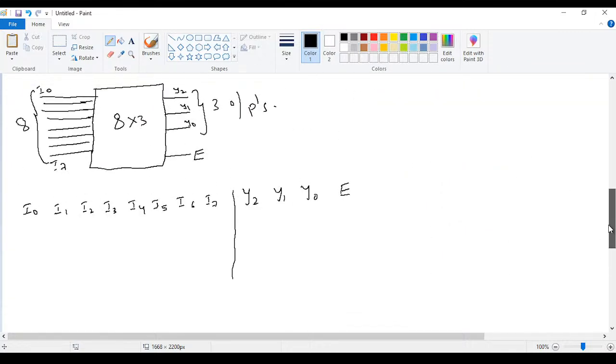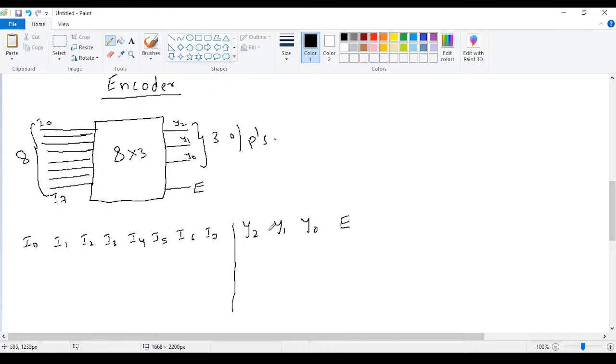Enable gives whether the output is correct or not. We can have the E, or sometimes we can have V also, verify. V is nothing but the verification, meaning whether they are correct or not.